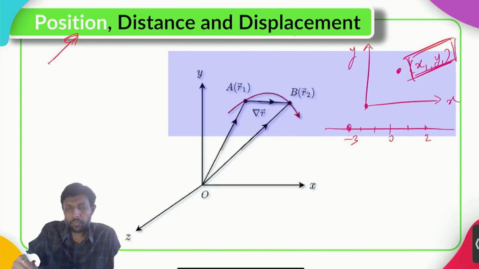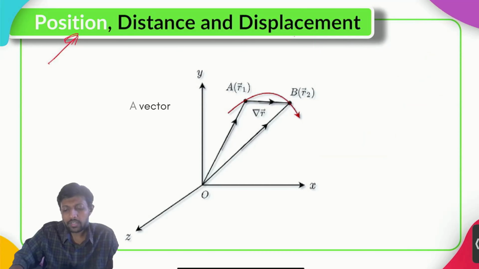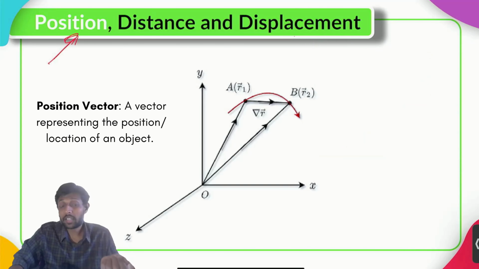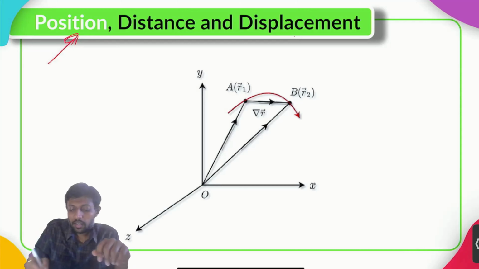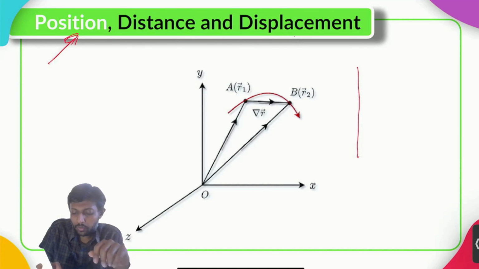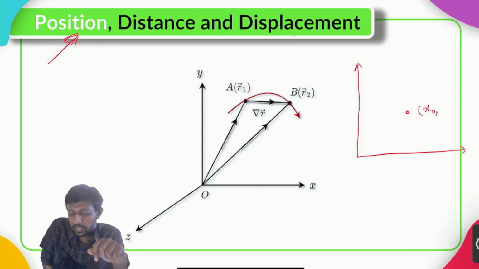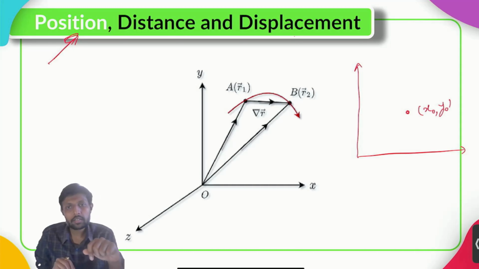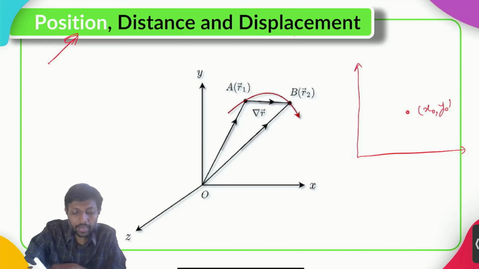The most fundamental kind of vector is the position vector. A position vector is a vector that defines the position of an object. If we take the case of two-dimensional motion, the position of any object can be defined by, let's say, x coordinate, y coordinate. This position can also be defined by using a diagram.